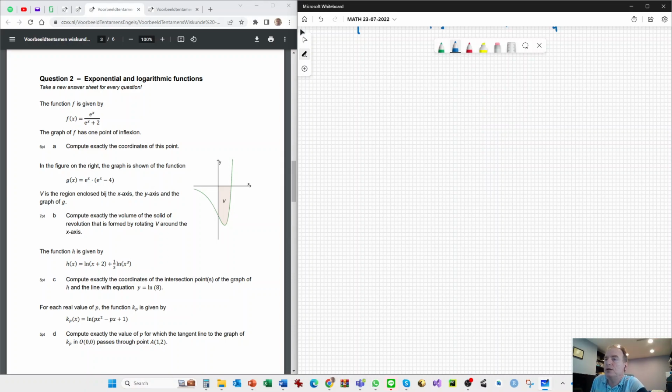Okay, we need to solve the equation log x plus 2 log x to the power 3 is log 8.